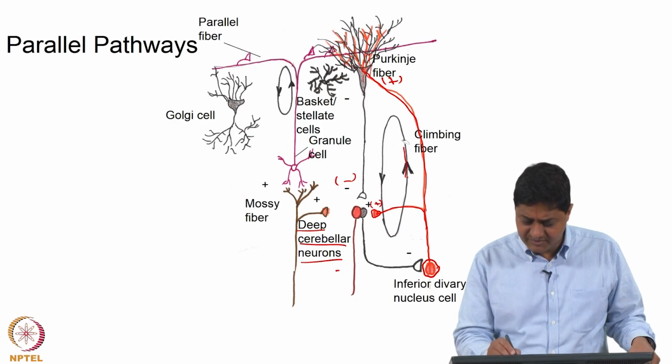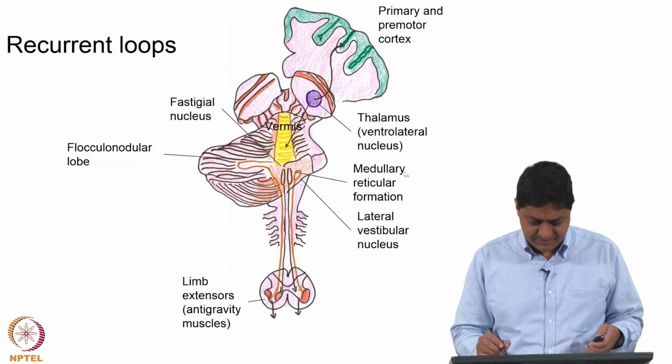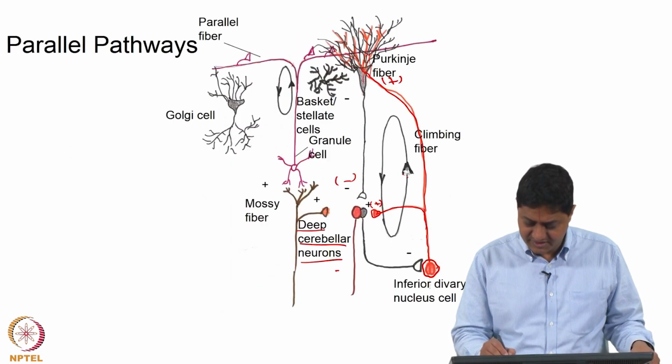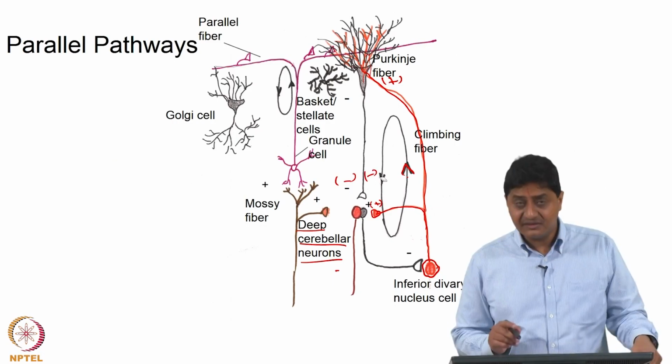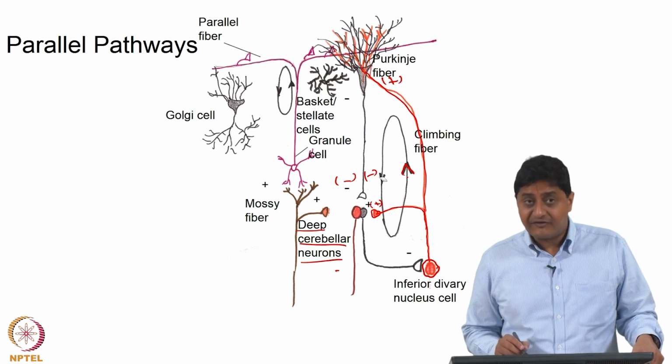So, that forms a recurrent loop that is shown here, right. So, there is excitation that travels in this direction, and then there is inhibition that travels down into the deep cerebellar nuclei from the Purkinje cells.